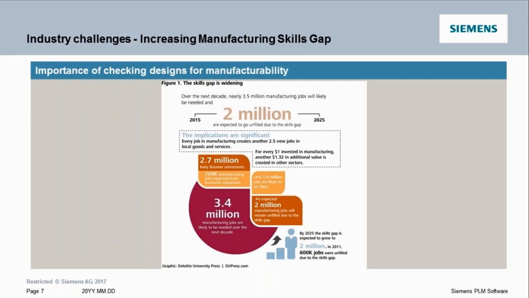So that gap leads to some of the challenges: if you don't know how certain manufacturing operations work, you cannot foresee how your design should be to address those manufacturing requirements.